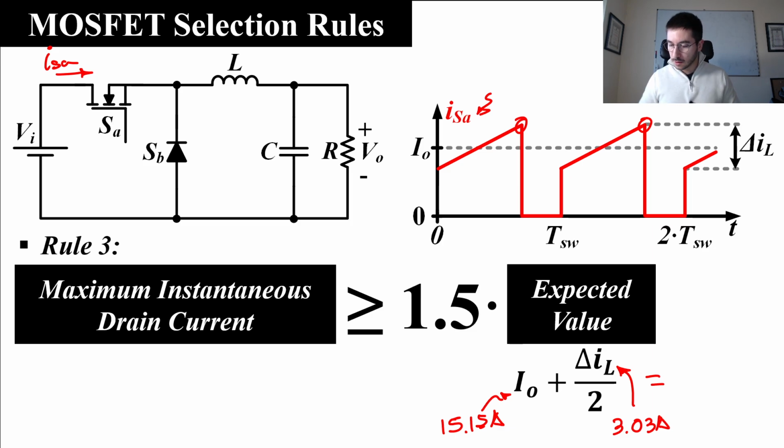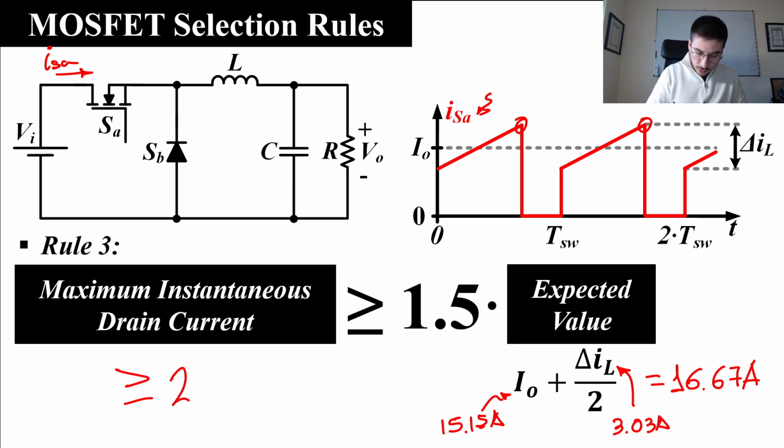If we replace the values, the result is 16.67 amps. If we multiply this with 1.5, we get our requirement is 25 amps. So we want a MOSFET that must be able to drive instantaneously at least 25 amps.